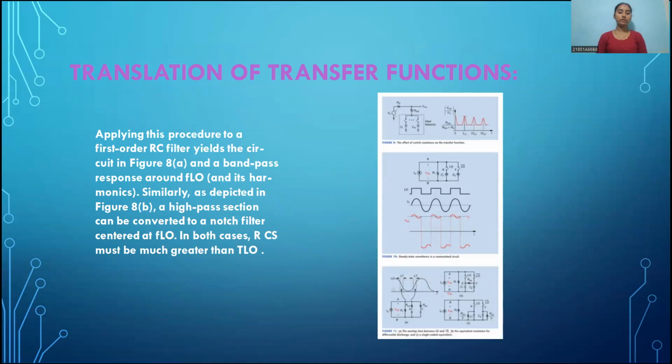Translation of transfer functions. Applying this procedure to a first order RC filter yields the circuit in Figure 8a and a bandpass response around fLO. Similarly, a high pass section can be converted to a notch filter centered at fLO. In both cases, RC must be greater than TLO.